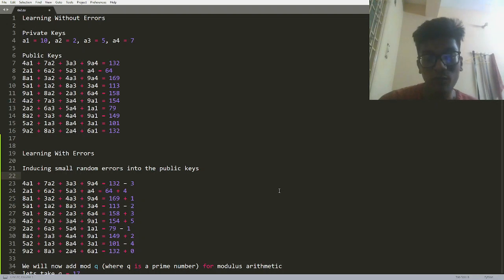In RSA, it will be a very large number, like a 200 digit number, which is a multiplication of two different prime numbers. Even if an attacker is able to get that large number, they cannot identify which two prime factors were used to form it.